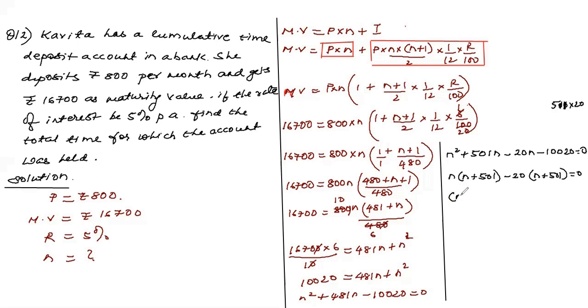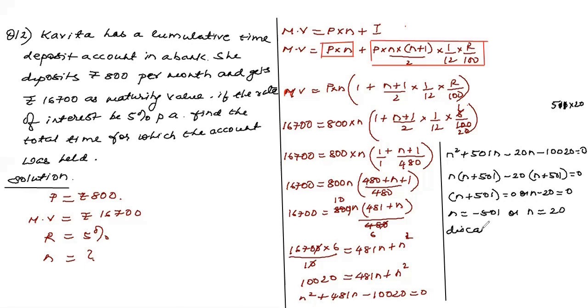So what will happen, children? n plus 501 equals 0, or n minus 20 equals 0. So n is equal to minus 501 or n is equal to plus 20.